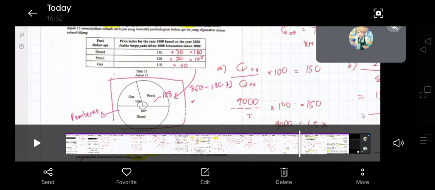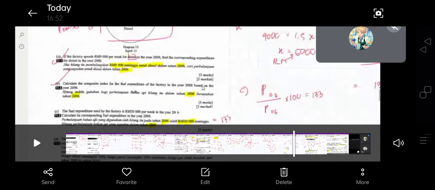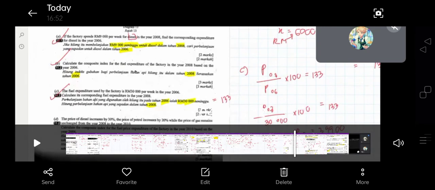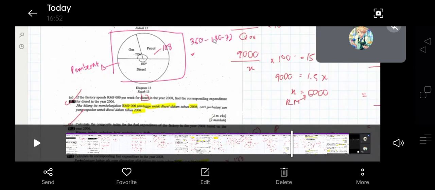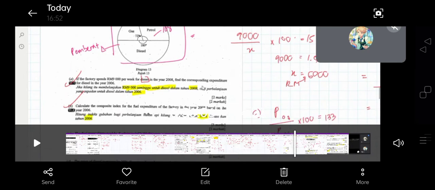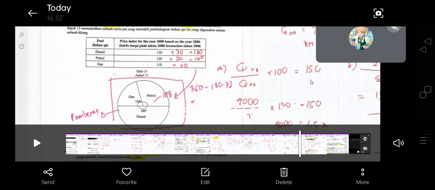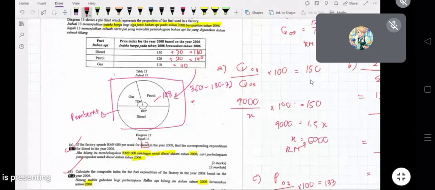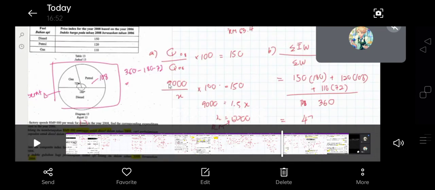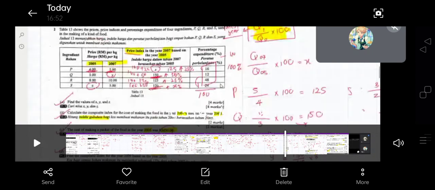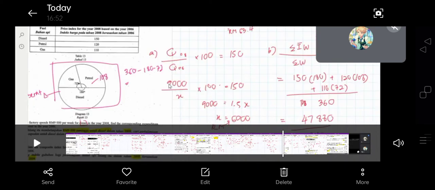So 360 minus 180 minus 72, you'll get 108. So basically, the angle for your petrol is 108. Okay, as usual, we do our index of change.